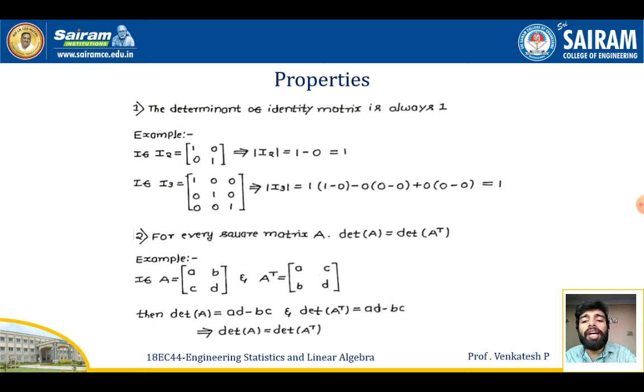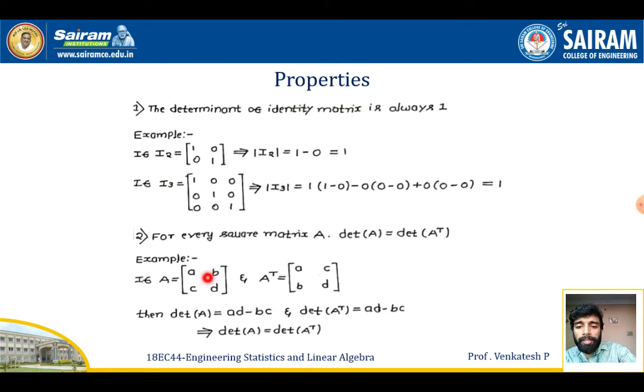Property number 2: for every square matrix A, the determinant of A is equal to the determinant of A transpose. For example, I'm taking a 2 cross 2 matrix A with entries A, B, C, D, and A transpose is obtained by interchanging the rows and columns of A, so I have A, C, B, D. Now I find the determinant of A, and expanding it I get AD minus BC.